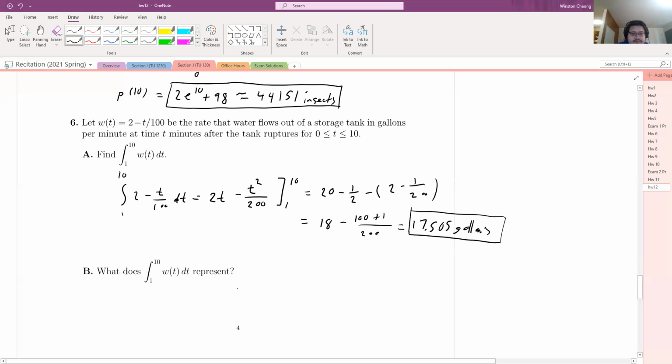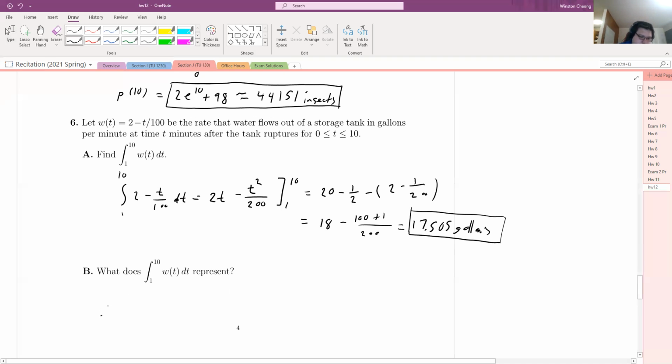Okay, so what does this integral represent? W is the rate of water that flows out of some storage tank. So the integral from 1 to 10 is representing the amount of water that flowed out in sum. You're adding up all these incremental values. So this is the total amount of water that flowed out of the tank from time 1 minute to 10 minutes.